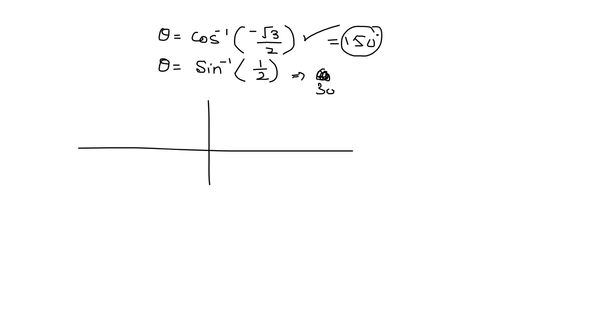It means if you check, 180 minus 30, that is also 150. Because whatever is the cosine of theta in the second quadrant, you make 180 minus that angle, and you will get 150.